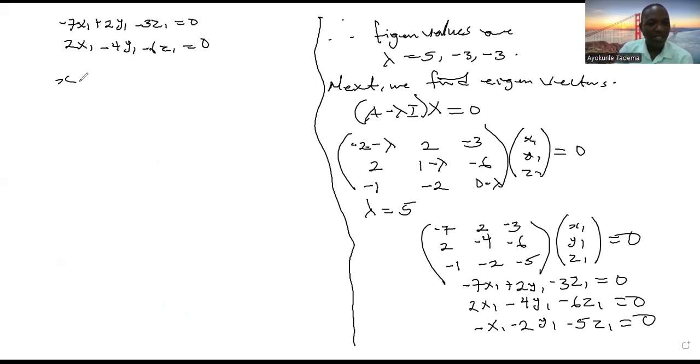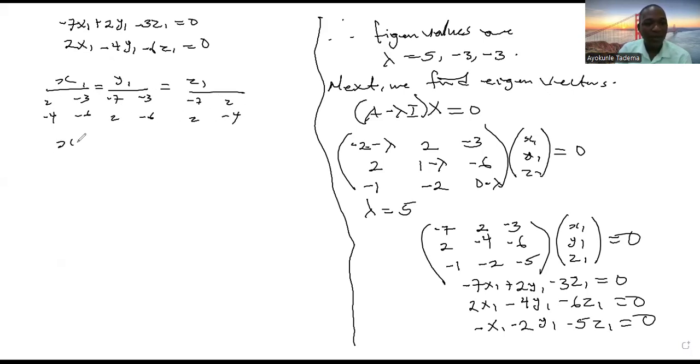You write x1 over, you don't write the coefficient of x here: you have 2, minus 4, minus 3, minus 6, equals y1 over, you don't write the coefficient of y here: minus 7, 2, minus 3, minus 6. And the last one, the coefficient of z: minus 7, 2, 2, minus 4.